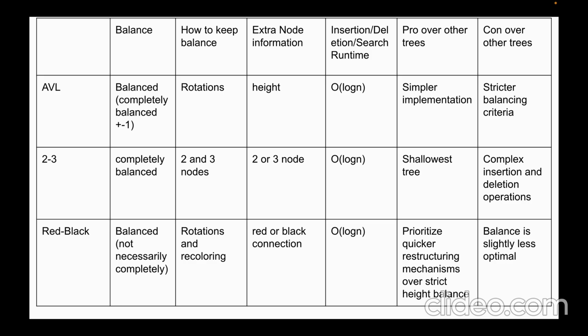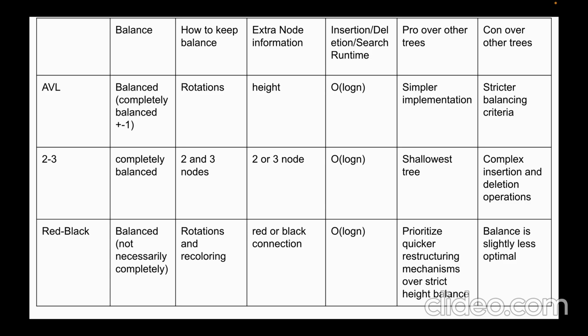Now let's talk about a comparison of AVL trees with other types of trees like 2-3 trees or red-black trees. As you can see here, AVL trees have a strictly balancing criteria of -1, 0, and +1, like completely balanced, but the pro is that they have a really simple implementation.